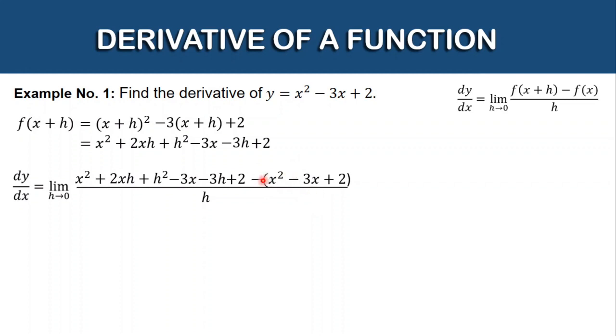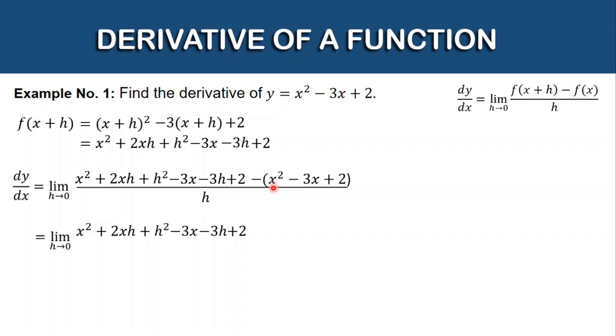Then as you can see, pwede nating i-simplify itong part na to. So didistribute natin itong negative sign din sa loob ng, or sa lahat ng terms na nasa loob ng parenthesis natin. Doing so, we are going to have the limit of, so x squared plus 2xh plus h squared. Kopyahin lang natin itong nasa numerator natin. Minus 3x minus 3h plus 2. Then ito, minus or negative sign times, or this is negative 1.